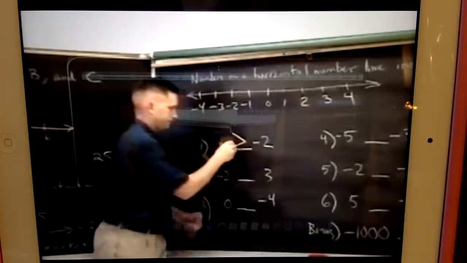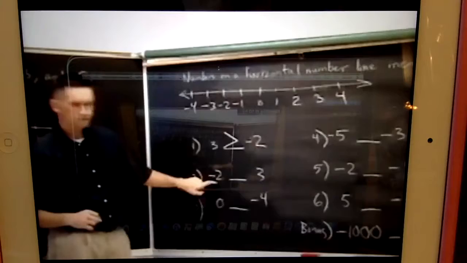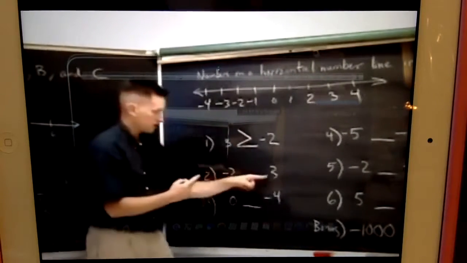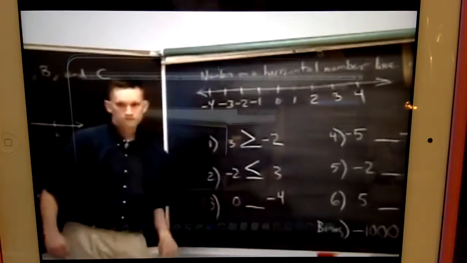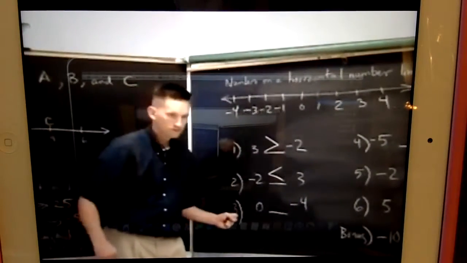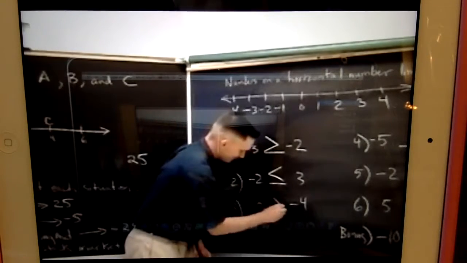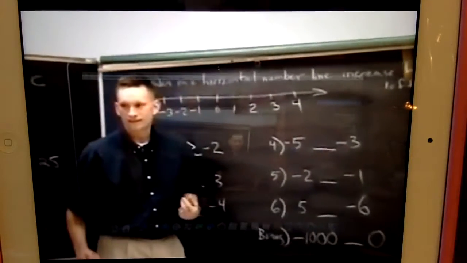So 3 is greater than -2. How would you fill out this one? -2 is less than 3. This next one, number 3. You guys need to decide, what is it? 0 is greater than -4. Good. Now example 4.